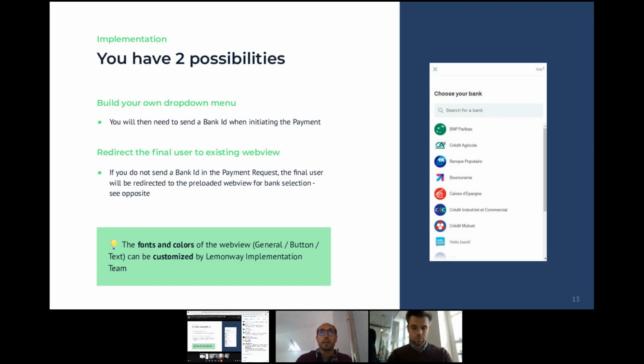And when you redirect the final user to the existing web view, he will have to choose his bank. That's the first option. The second option is you redirect your client directly to his own bank. For that, we need to specify the bank ID. So two possibilities: specify the bank ID or not.